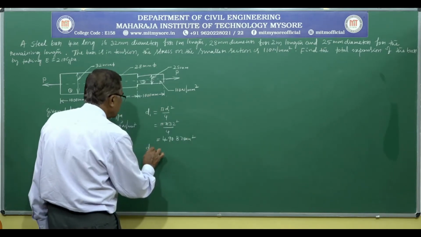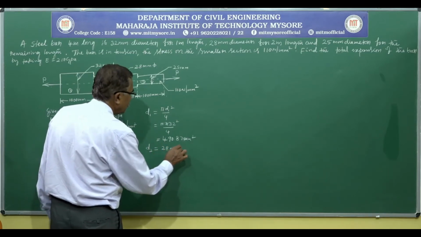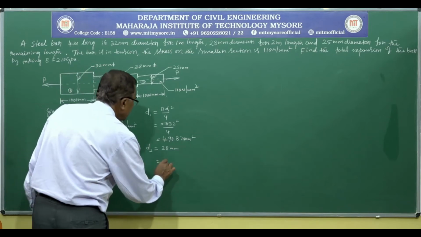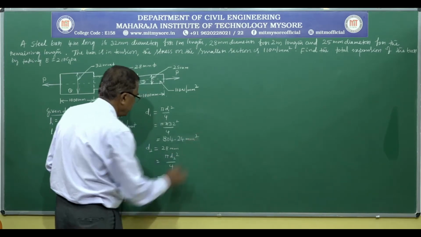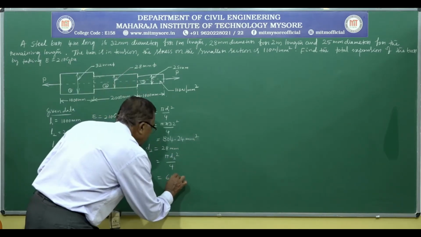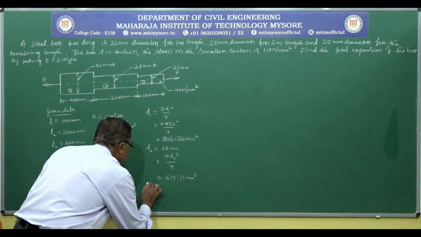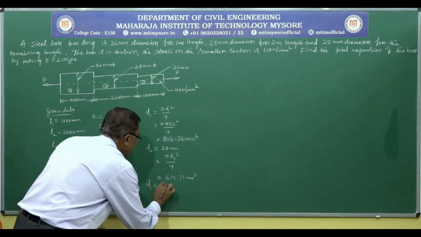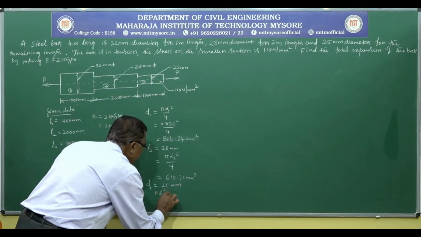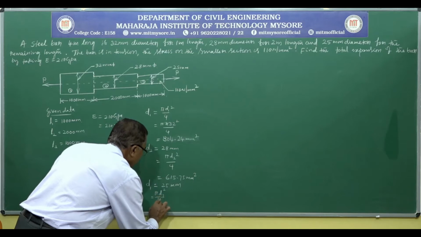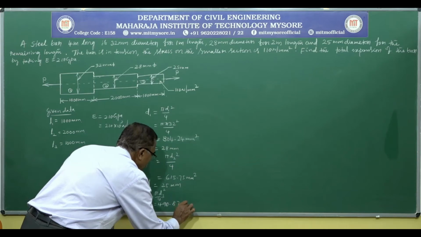Diameter of the second portion d2 is equal to 28, A2 is pi d2 square divided by 4, that value is 615.75 millimeter square, and the diameter of the third portion is 25 millimeter, A3 is pi d3 square divided by 4, that is equal to 490.87 millimeter square.